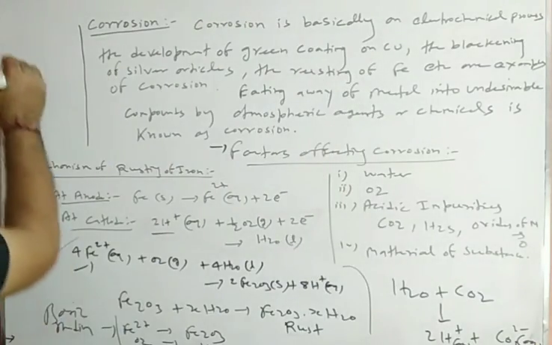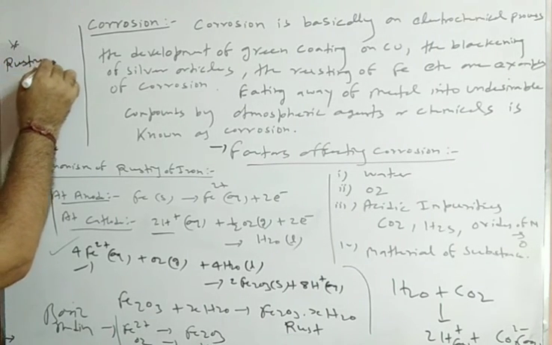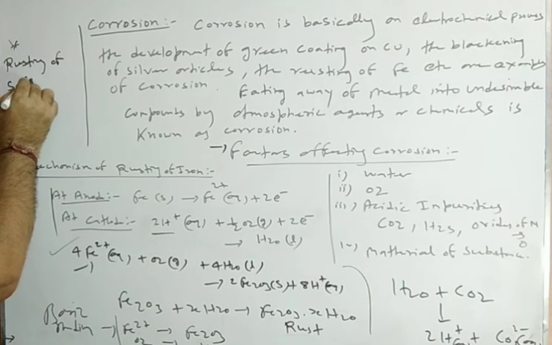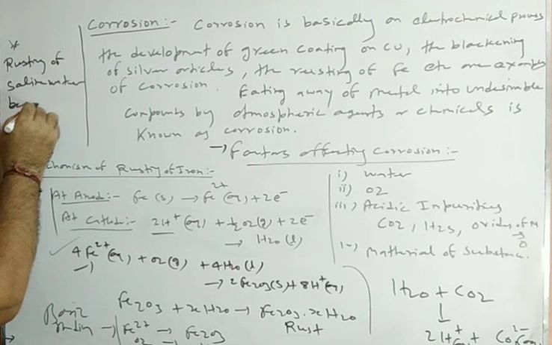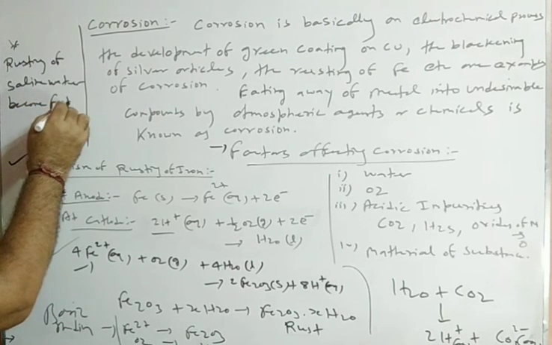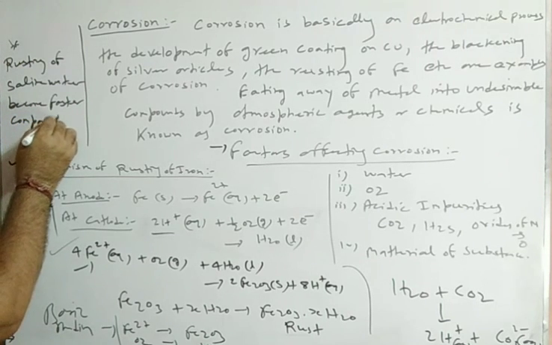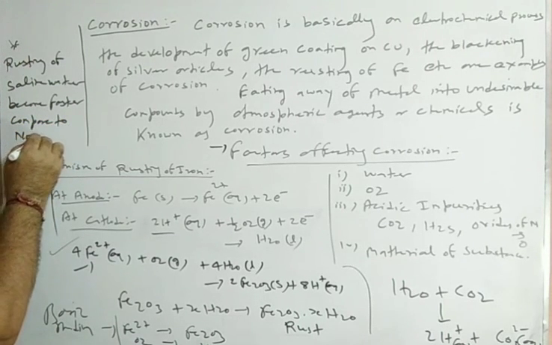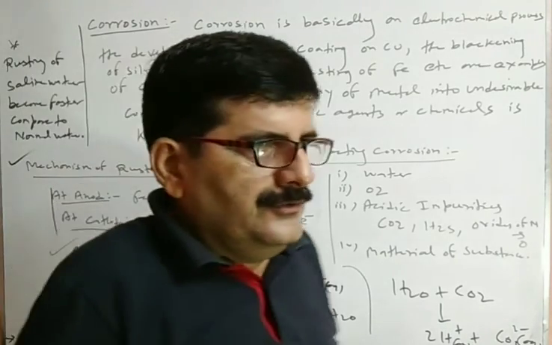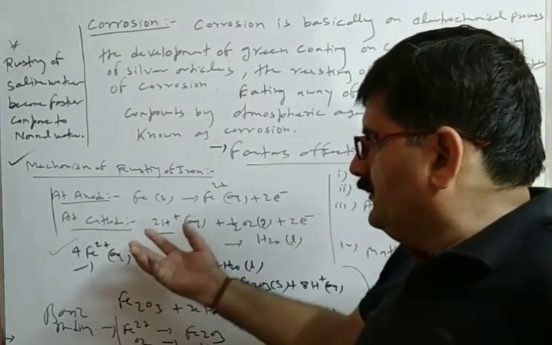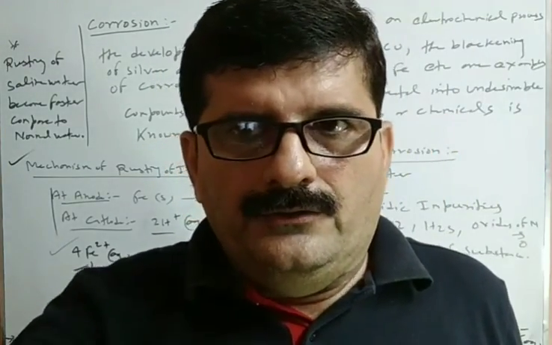So we can say rusting in saline water becomes faster compared to normal water. So this is the way we can understand the mechanism of rusting of iron. Thank you.